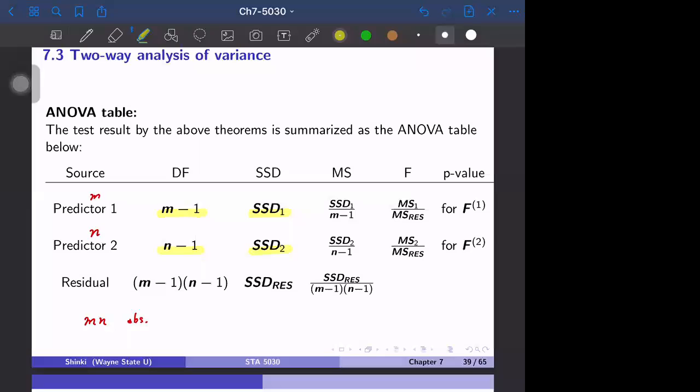The mean square is defined by SSD divided by degrees of freedom, and we can calculate this for the residual also. The F statistic is the ratio between this number and this number. Then you can calculate the p-value using the F distribution, the same for the second factor. So this is the summary of the two-way ANOVA.